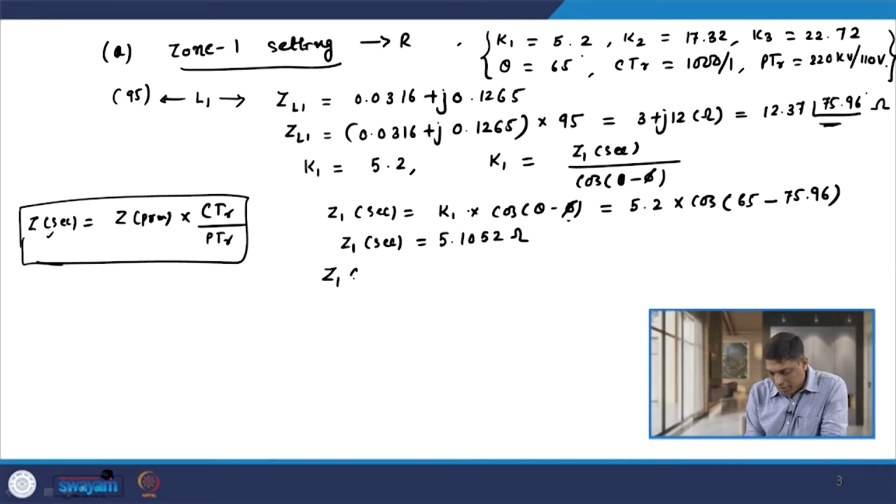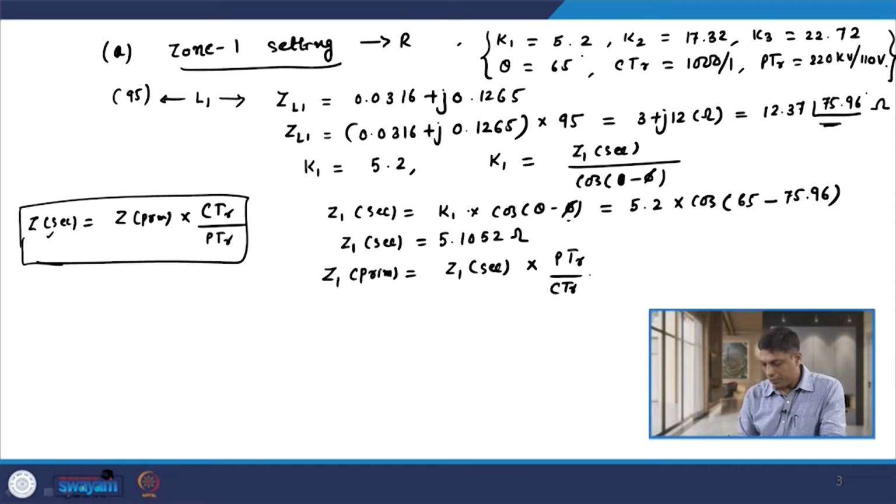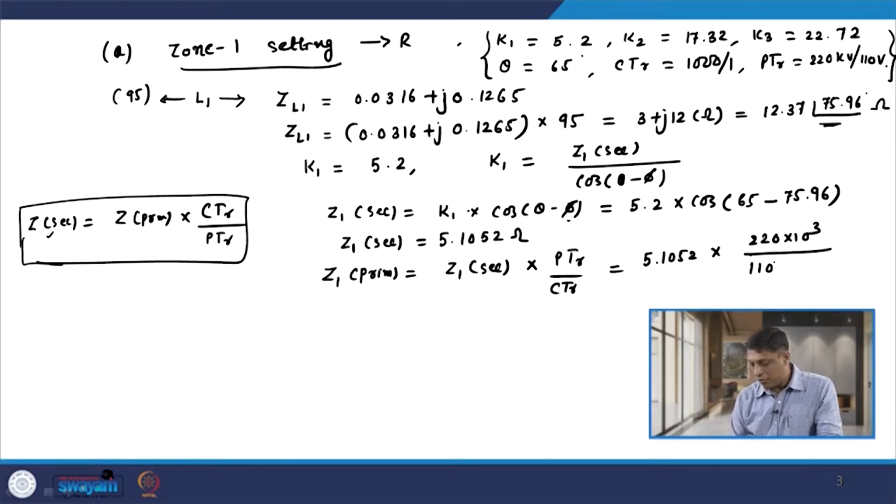So Z1 primary is equal to Z1 secondary into PT ratio divided by CT ratio. So that is Z1 secondary, 5.1052, into PT ratio, that is 220 kV by 110 volt. So 220 into 10 raised to 3 divided by 110 volt, into CT ratio, that is 1000/1 ampere.